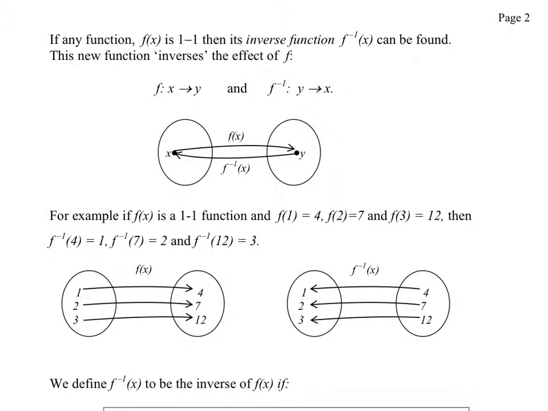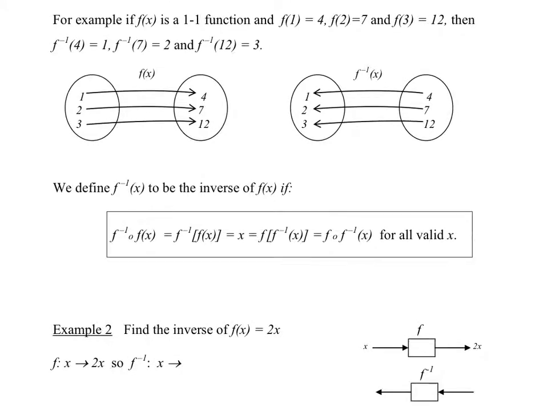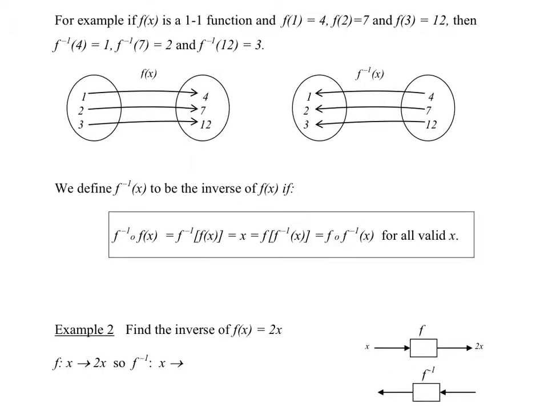And you'll see it on this diagram, that f of x takes the value 1 and makes it into 4. So f of 1 is equal to 4. The inverse function takes the value 4 and makes it into 1. It reverses it. One way of thinking about that is that if you plug f of x into the inverse, f to the minus 1, it gives you x back.